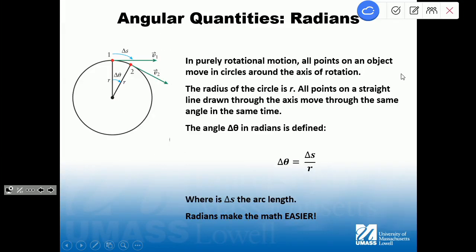Okay, now the math. Typically, we measure angles in degrees. The SI unit for angle is radians, which is not the same thing as degrees. Does anyone know the actual conversion between radians and degrees?